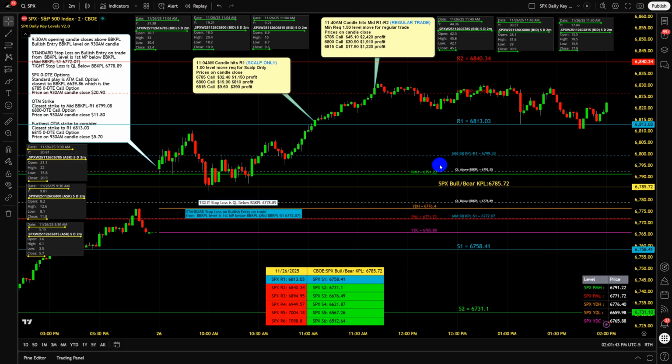Some of you may already be familiar with how this indicator works. For those that are not, I would invite you to look in the description underneath the video in YouTube, where you will see links and descriptions to other videos, one of which is a general overview video on how this indicator works.